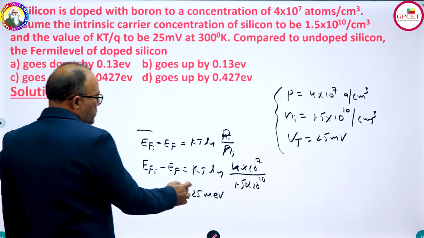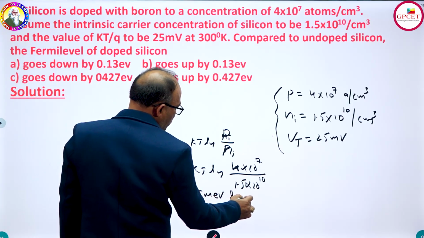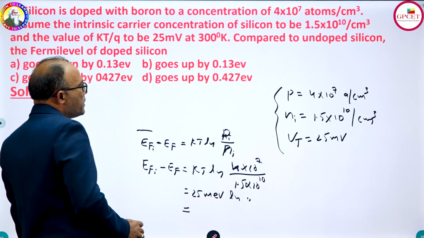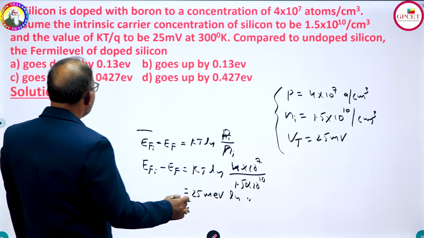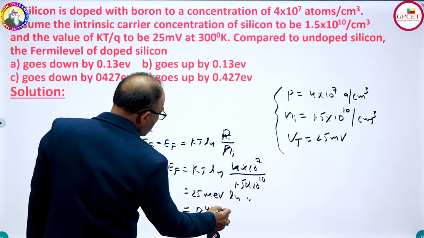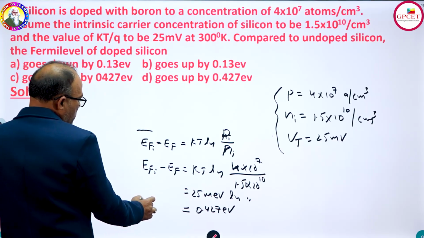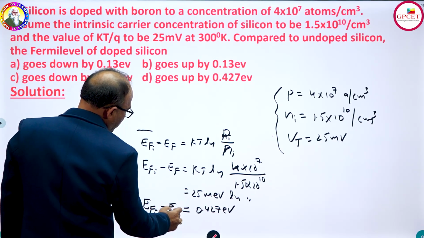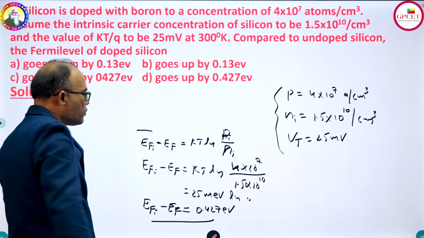If you do all this, you get an answer of 0.427 electron volts. So EFi minus EF is equal to 0.427 electron volts.